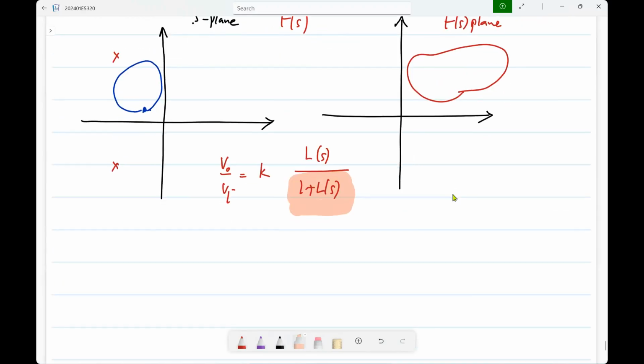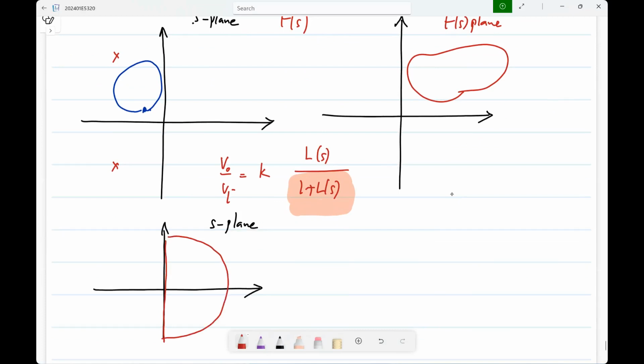So what you do is the following: you form a contour like this. The contour that you choose encircles all of the right half plane, and this actually has infinite radius.